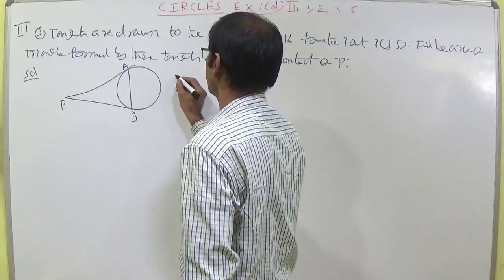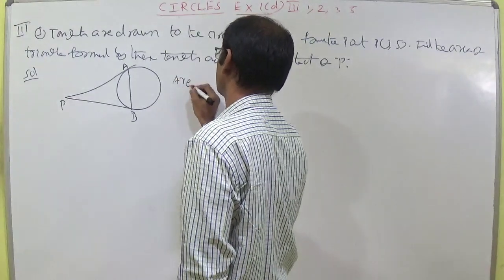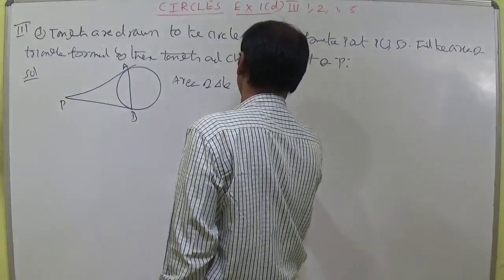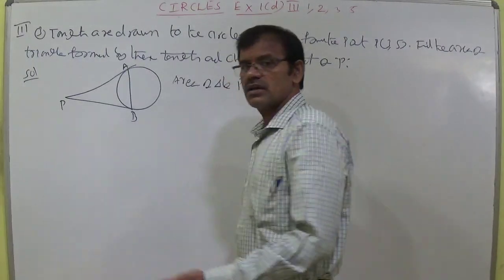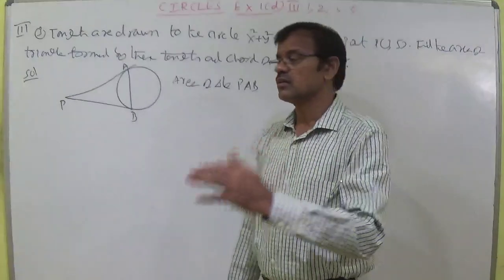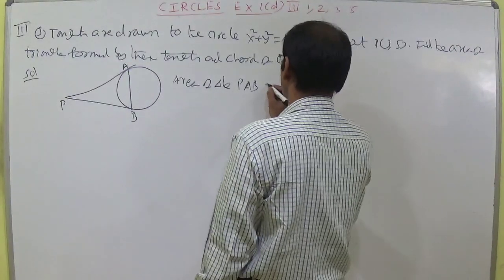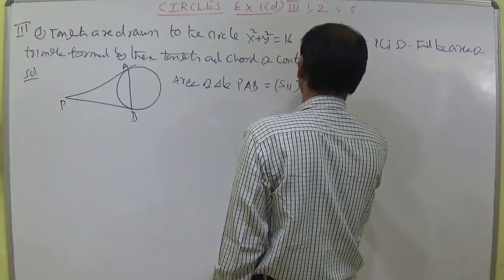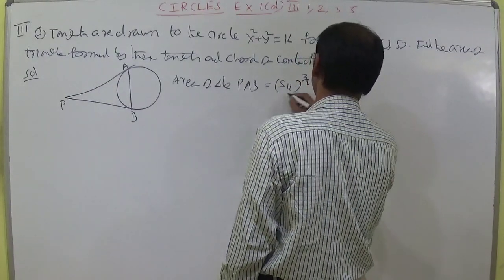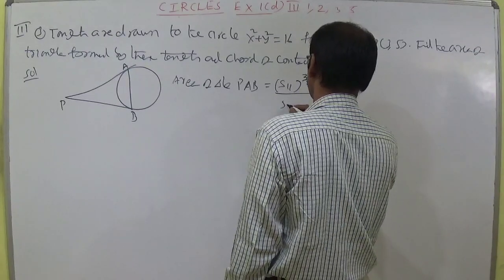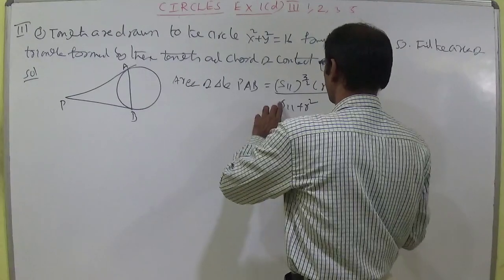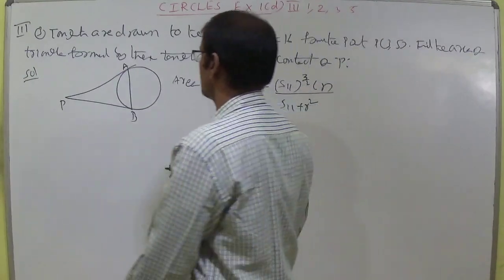Depending on that, you should calculate this area. The area of triangle PAB, that means the area of the triangle formed by tangents with the chord of contact, is S11 power 3 by 2 into R by S11 plus R square. We proved it in the example.